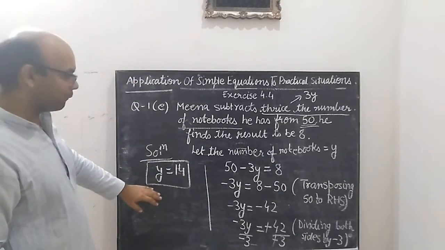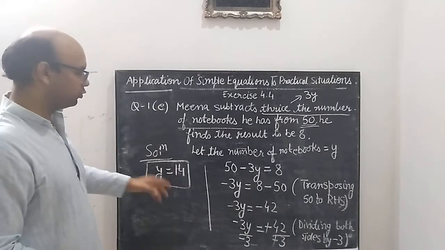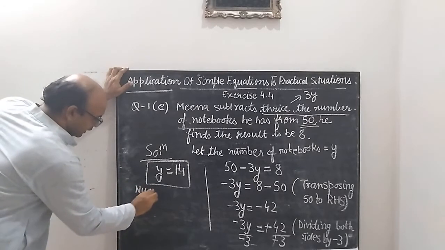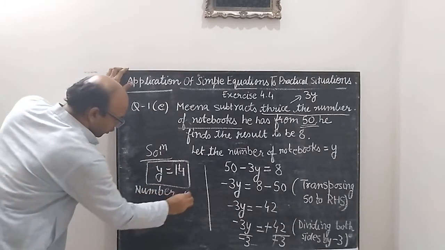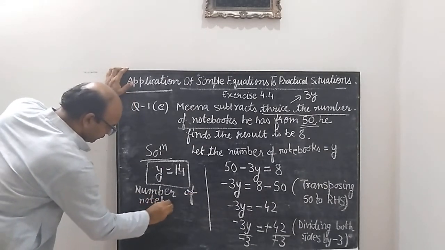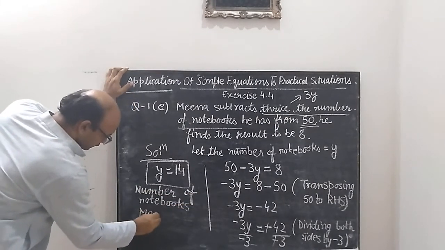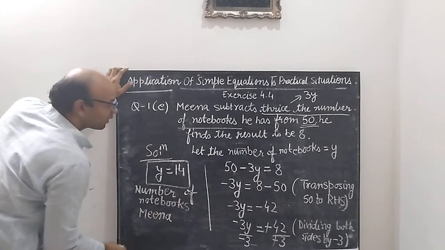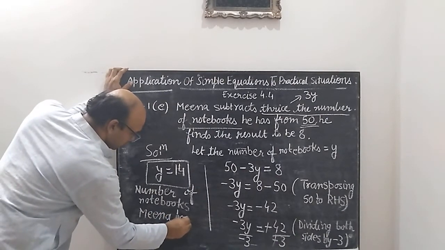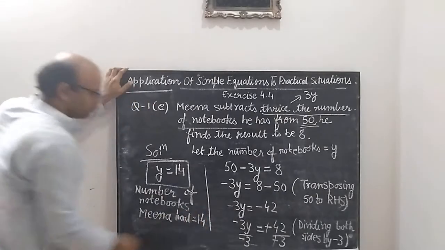So the number of notebooks Meena has is equal to 14. That has to be written in the end. Number of notebooks Meena had is equal to 14.